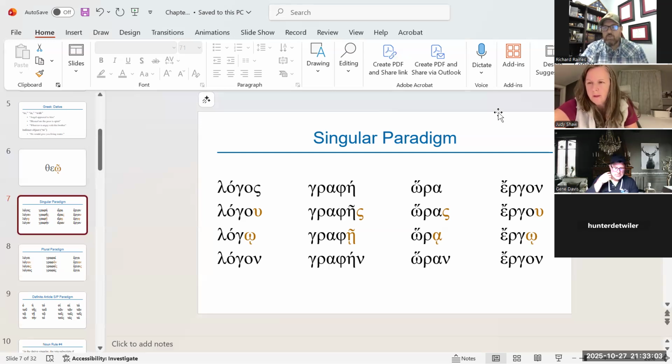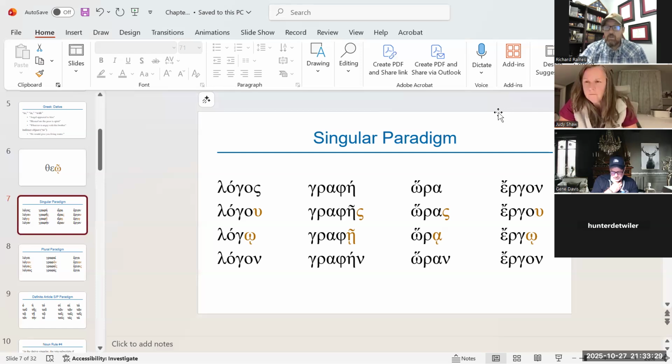So ergon, what is the gender? Neuter only. Everything in that column is neuter: ergon, ergou, ergo, ergon. That's the way these paradigms are written.